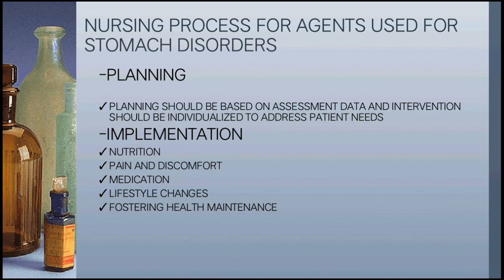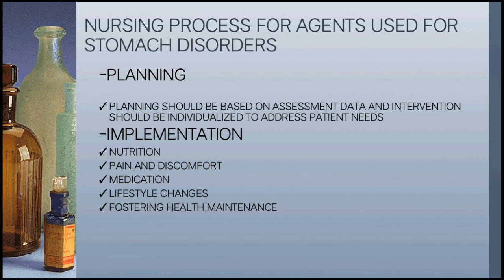For pain and discomfort, keep a written record of onset, duration, location, and precipitating factors for any pain experienced. Next, the medication. Take prescribed medication at recommended times to promote optimal healing. See individual drug monographs for suggested scheduling.